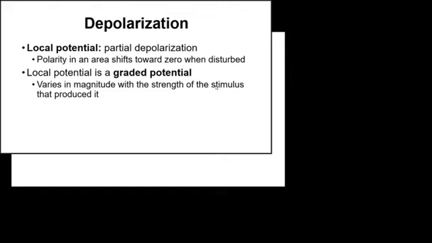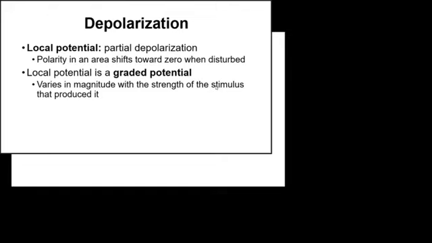And that means that it's going to vary in magnitude with the strength of the stimulus that produced it. Basically, how much excitatory or inhibitory stimulus does it experience? More excitatory stimulus leads to getting more positive or closer to zero, and more of that inhibitory stimulus is going to lead to it getting more negative.